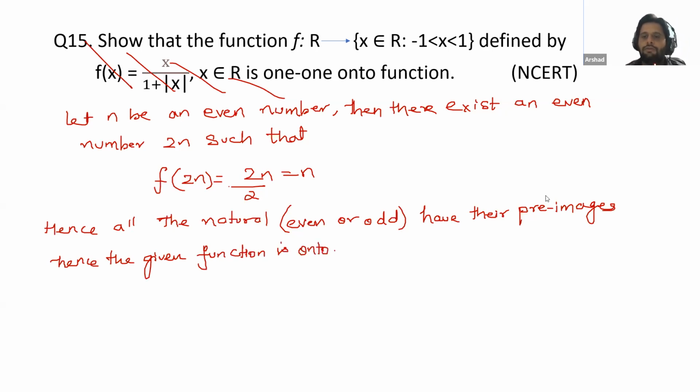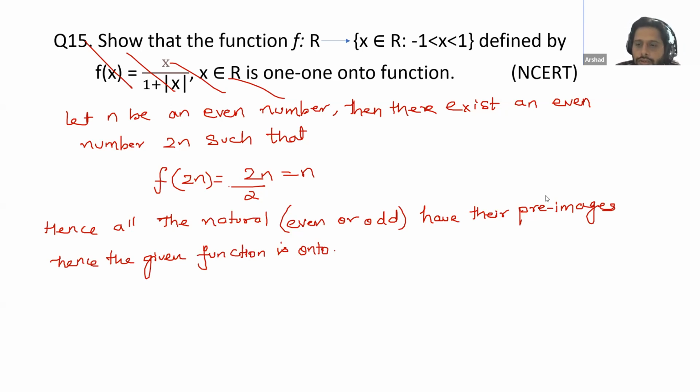This is clear for Fahad, Rifat and Abdul. Fahad, Rifat and Abdul, this is clear. So if this is clear to you, then we will start the differentiation.